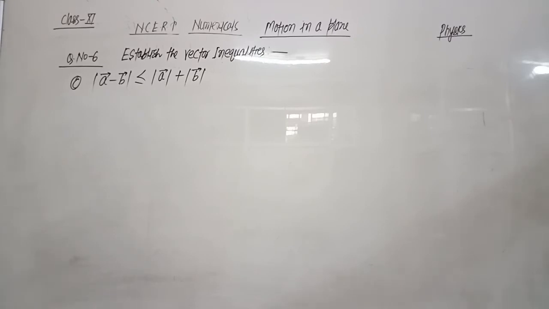So we draw a diagram. Let there be two vectors OP and OQ.